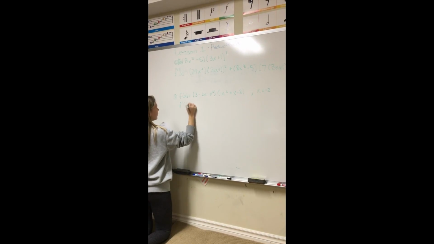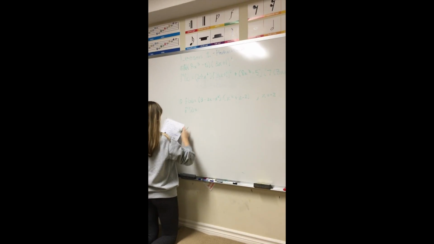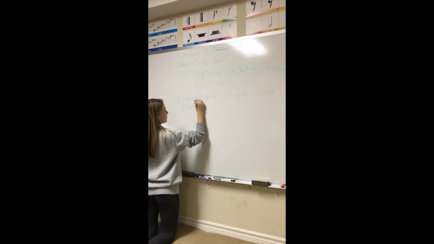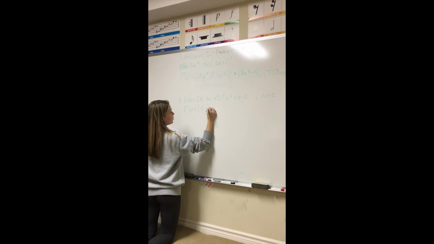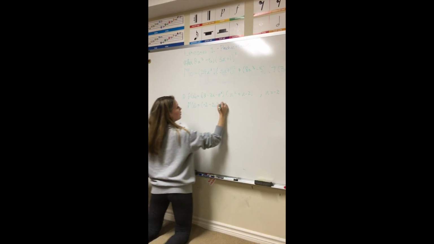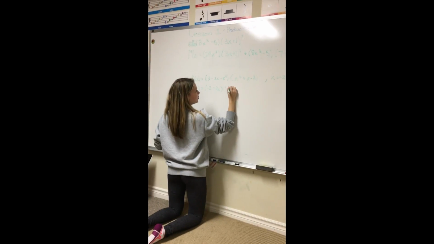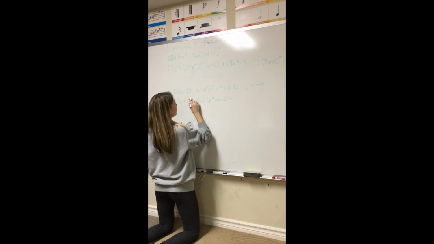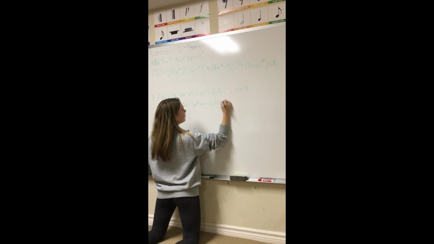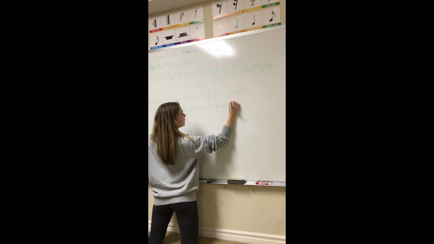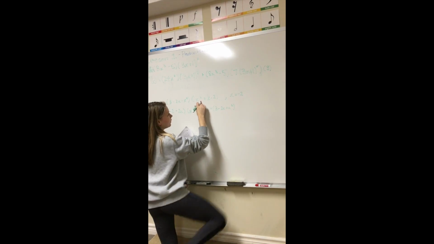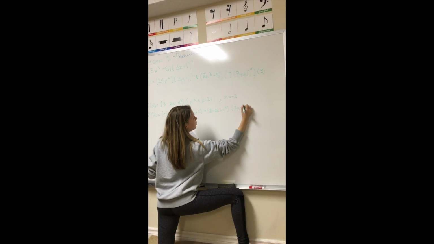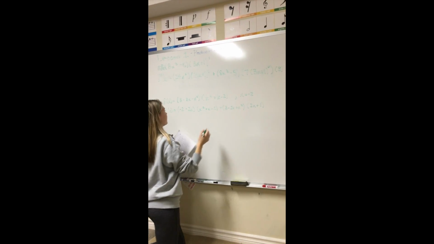So f prime at x is equal to negative 2, as this 3 becomes 0, minus 2x, you're moving that 2 down, multiplied by just g of x, x squared plus x minus 2, plus f of x, which is 3 minus 2x minus x squared, and then the derivative of g of x, which is 2x plus 1, as there's always a 1 in front of that x.